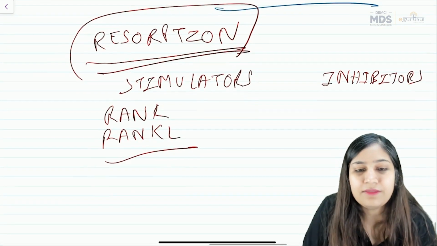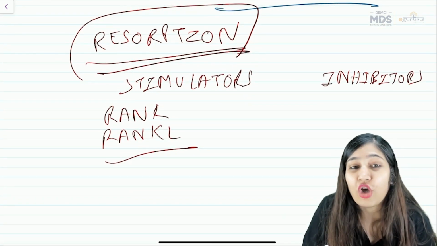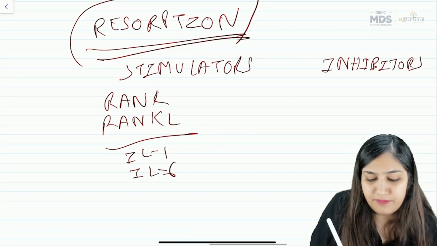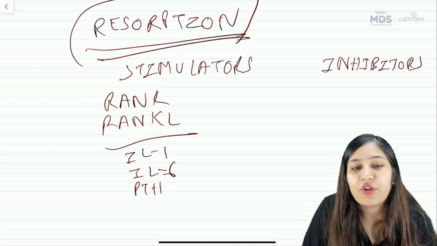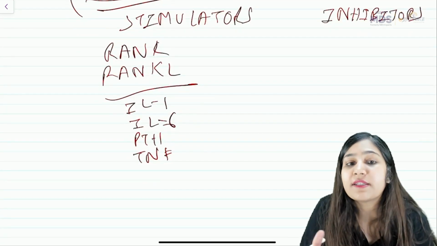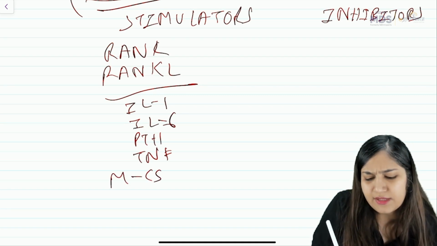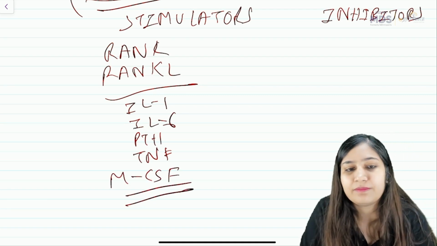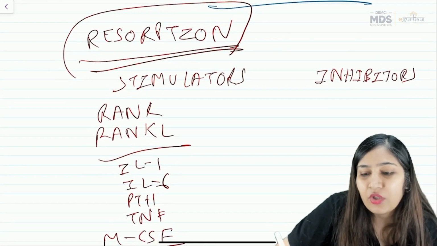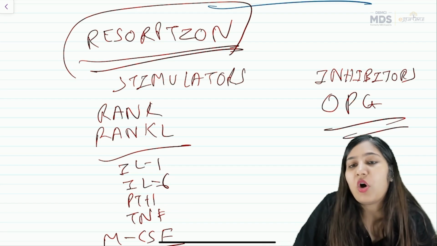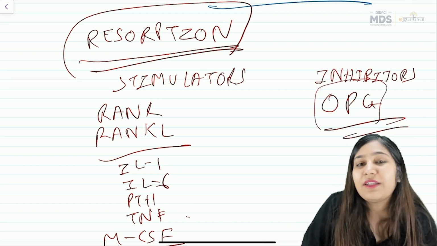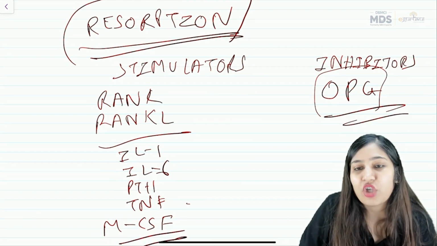So RANKL, parathyroid hormone, interleukin 1, interleukin 6, PTH, tumor necrosis factor, TNF, macrophage colony stimulating factor, MCSF, prostaglandin, and inhibitors of resorption will be OPG, osteoprotegerin.